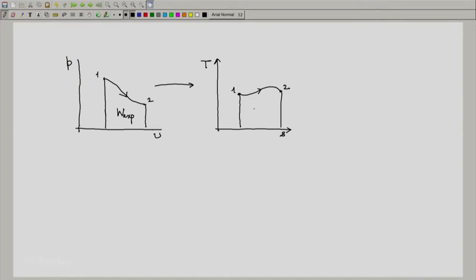So, this will be greater than or equal to Q. Now, if I say that instead of quasi-static, these processes are reversible, the same process depicted here and here, in case of a reversible process, the area under this will equal Q. This is something which we have discussed earlier.